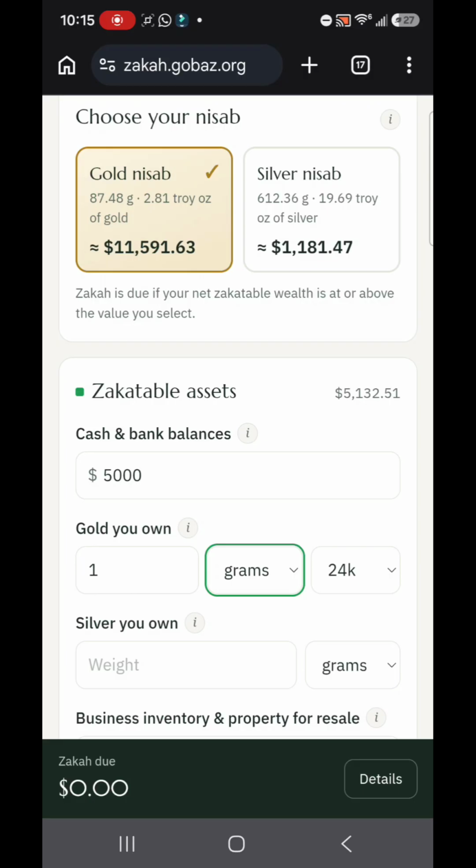If she wants to pay zakah on that jewelry, she needs to get the amount of pure gold in it, because it's not all pure gold. So she needs to go to a gold expert, someone who is in the jewelry business, to tell her how much pure gold this jewelry has. Or she can take the saying of Imam Shafi'i.